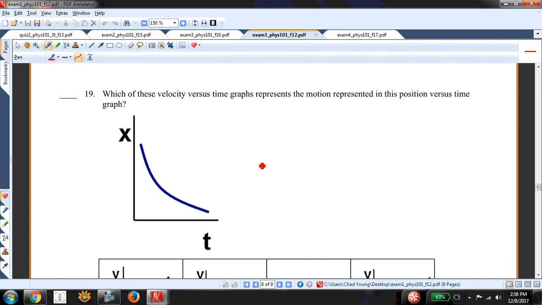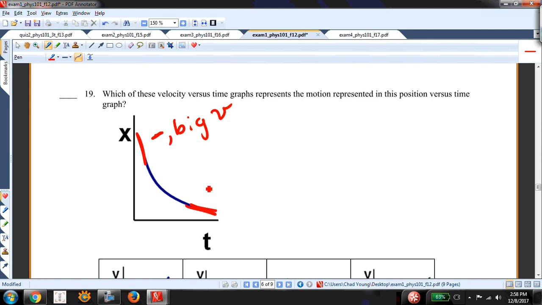Number 19, here you're translating a position versus time graph to a velocity versus time graph. Think about what your velocity does. Here, I have a negative, big velocity. So it's negative, because the slope here is negative, and it's big.